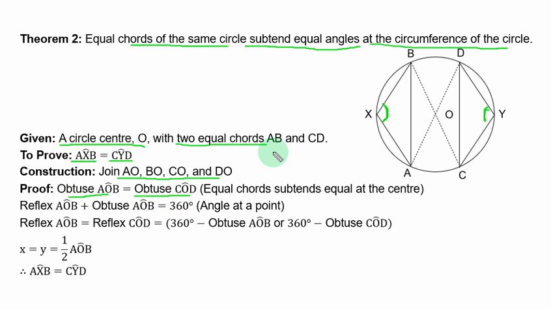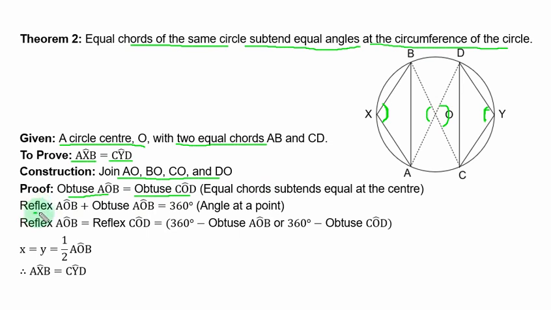Now, if we are considering triangle ABO, this angle is obtuse, and in triangle COD, this angle is obtuse, and both are equal from theorem 1. Equal chords subtend equal angles at the center.